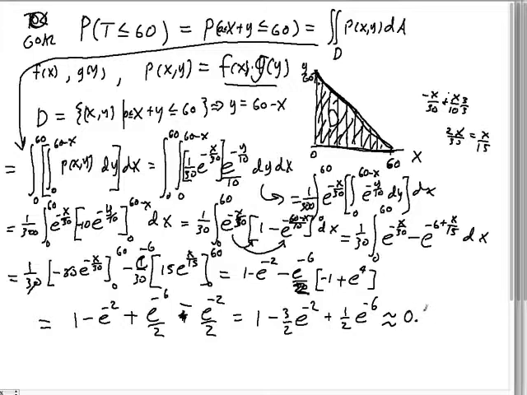We can get 0.7982, or about 0.8 if you want to round up. So the probability for the fulfillment time to be less than 60 minutes is around 0.8.